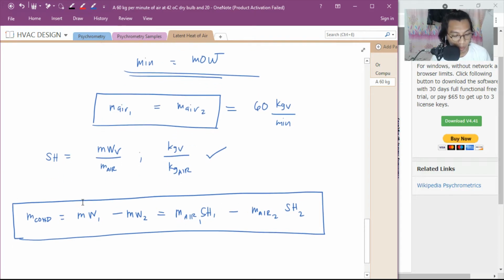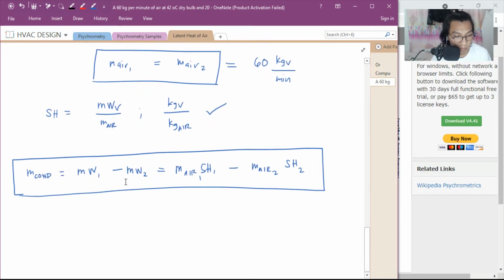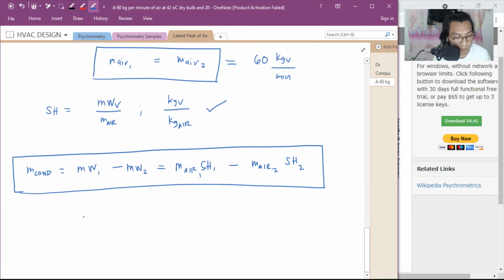Okay? Now, further simplifying, mag-a-arrive tayo dito na yung mass ng condensate mo is equal to the mass ng air tapos yung kanilang specific humidities. So, SH ni 1 minus SH ni 2. Bakit naging ganyan, sir?